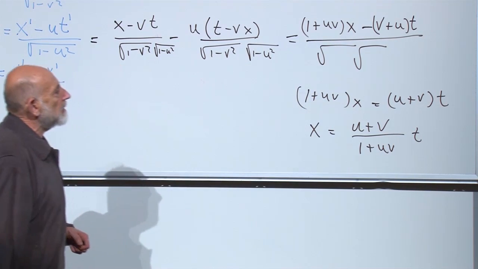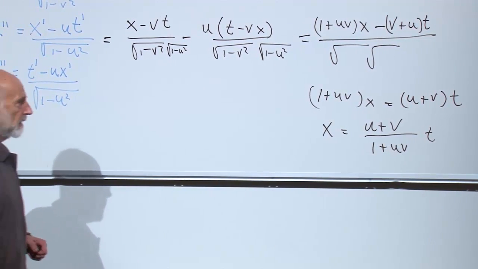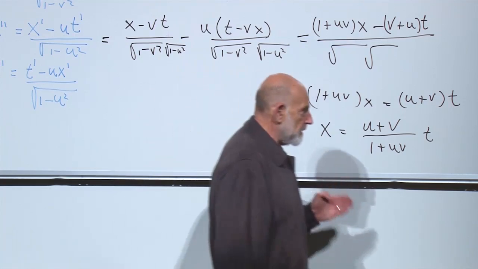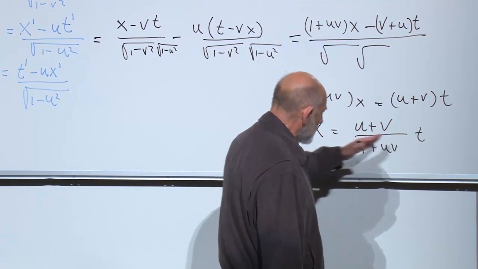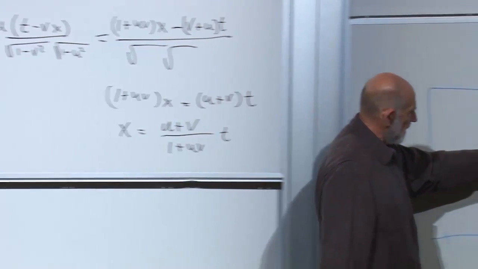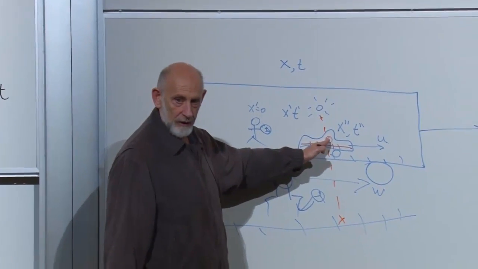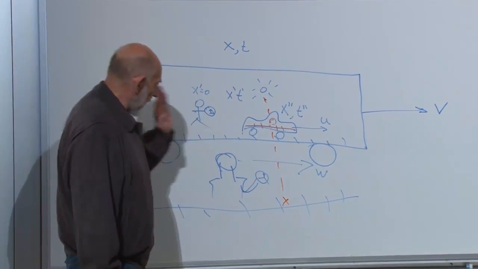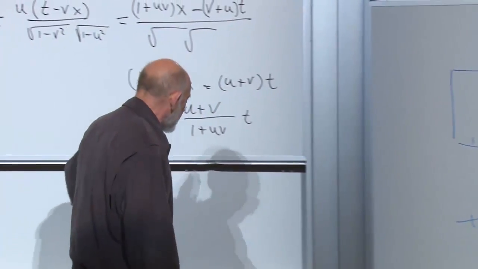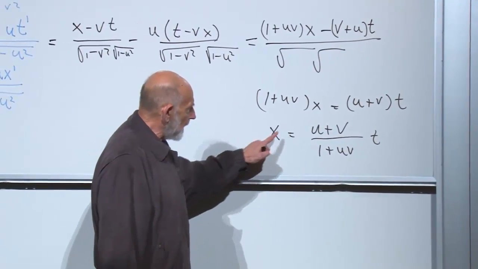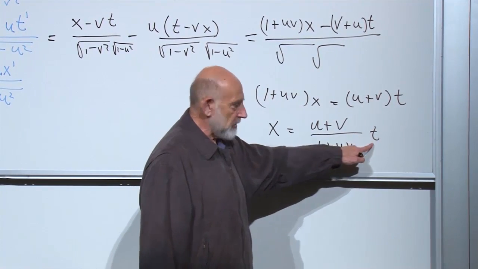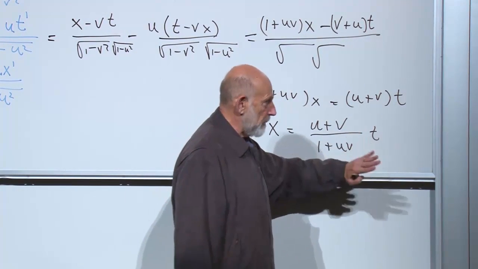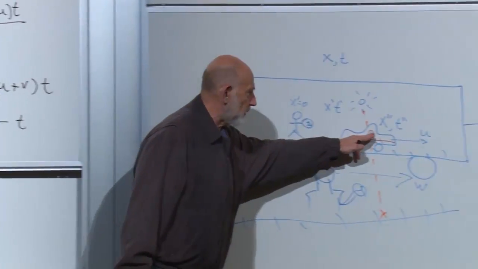So what is the relative velocity? This tells us the x and t trajectory of the kid in the kiddie car here. The trajectory of the child in the kiddie car is x equal to u plus v over 1 plus uv times t. That corresponds to x double prime equals 0.